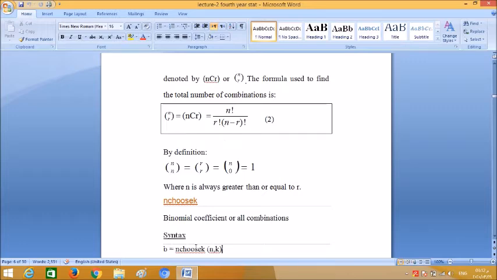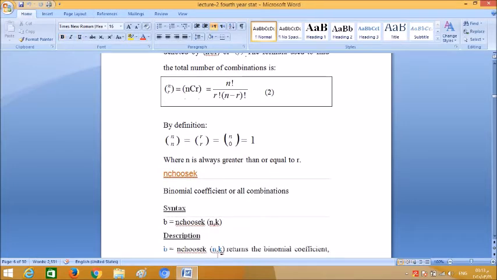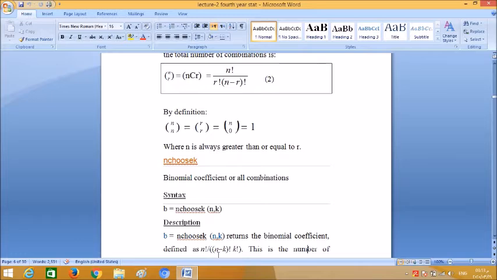Syntax: B equal N choose K, and N is greater than K. So this means that we select K objects from N objects where N is greater than or equal to K. Description: P equal N choose K, N and K returns the binomial coefficient defined as N factorial divided by N minus K factorial multiplied by K factorial. Okay?